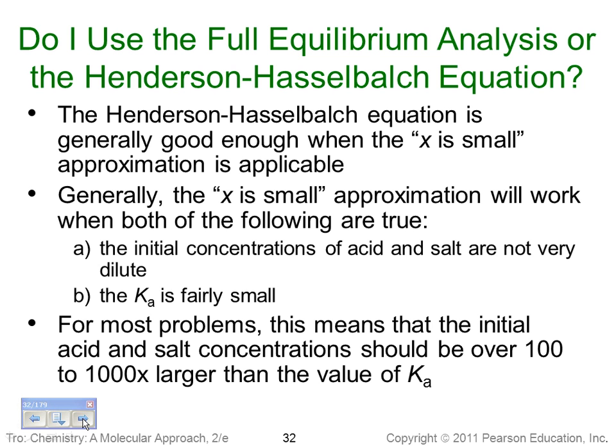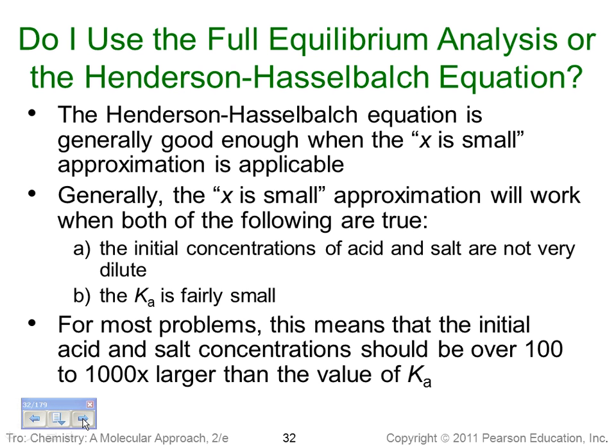So, which one do I use? Do I use the full analysis, the initial, change, equilibrium ice diagram, or do I use the Henderson-Hasselbalch? Well, it really keys on this: the Henderson-Hasselbalch is based on X being small. If X is not small, then you can't use the Henderson-Hasselbalch anyway. For me personally, the Henderson-Hasselbalch is quicker, faster, and simpler.